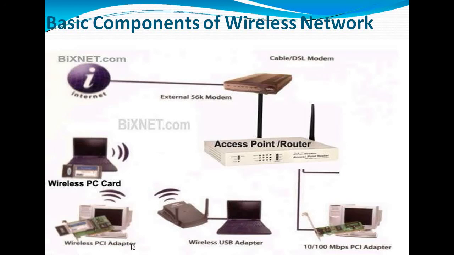Here are some wireless PCI adapters which are connected with some PCs, some IC slots, and how a wireless PC card is connected with our system. Or here you can see a chip which is adapted inside the computer system, or a wireless PCI adapter which is connected with our computer. So these are the basic components of our wireless networking.